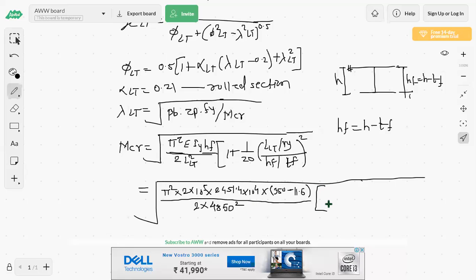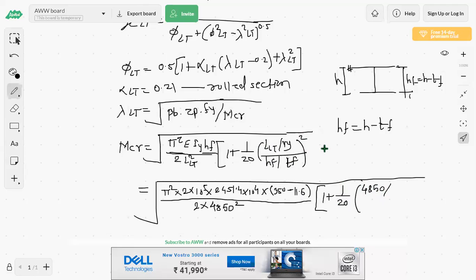Now again in the bracket, 1 plus 1 by 20, LLT is again 4850 divided by RYY. Please again go back to the steel table. We have to find the RY value, the radius of gyration RYY of the selected section, ISHB 350.